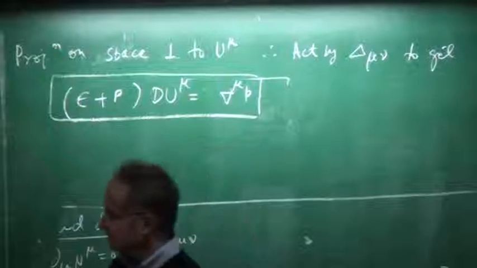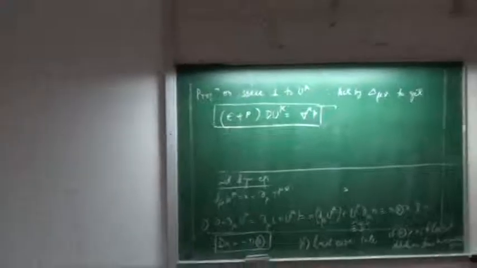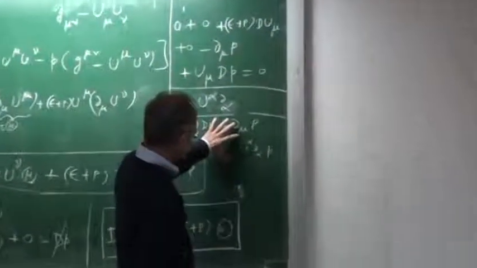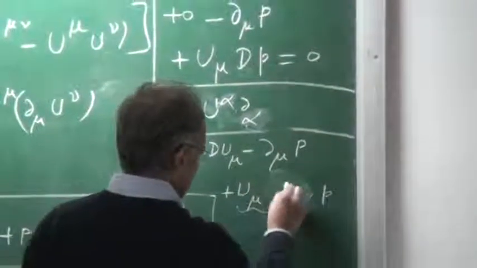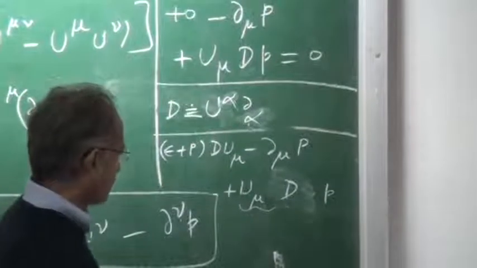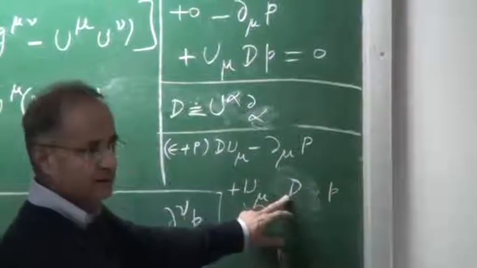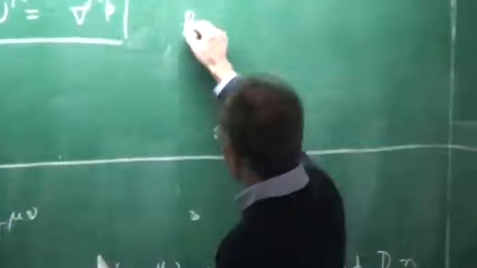Did we get that? Epsilon plus P, D u mu is the gradient of these two together. That's just writing that thing as del projection operator minus del mu and u mu d together is that operator. So I think that nothing is wrong. I was looking at a different equation. So this is the relativistic Euler's equation.